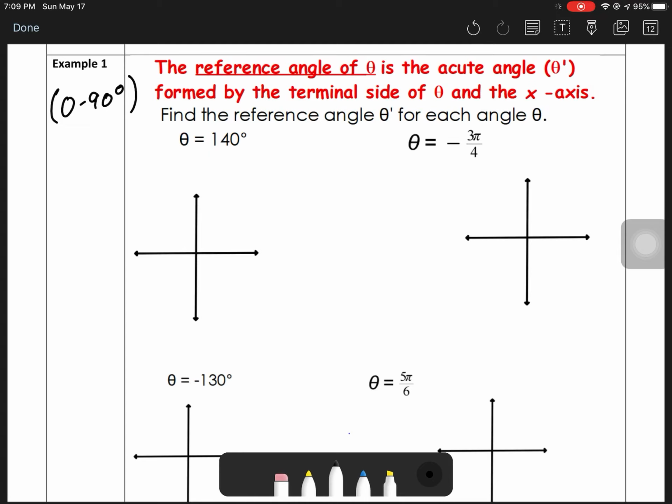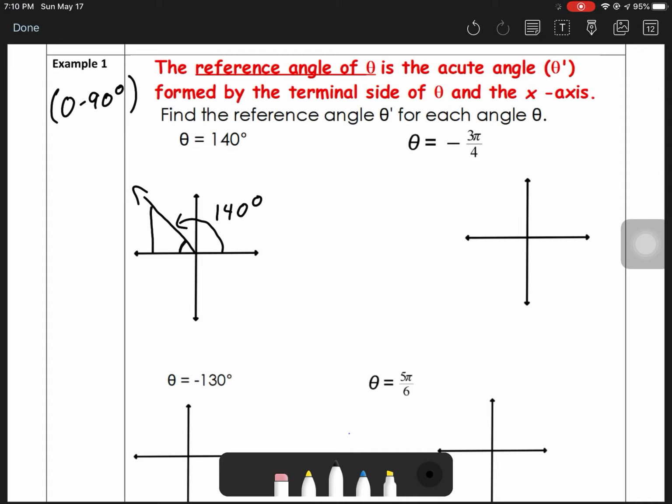So we're going to draw a 140 degree angle, which would be about right there. But we don't care about that. We need to know, how far is it to get to the x-axis? If I were to draw a line down here, what is this value right here?